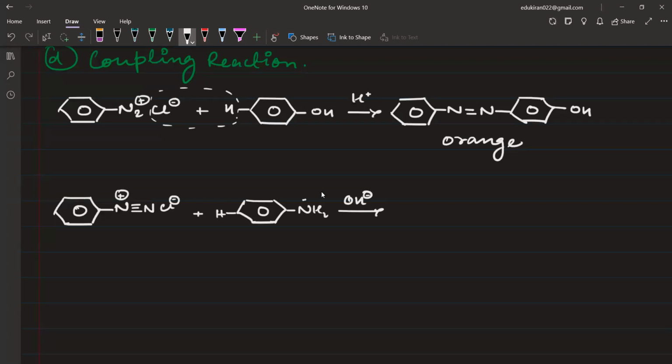Phenol acidic होता है तो acidic condition ताकि वो किसी और से react ना करे. And aniline is basic, so we use this in basic condition, and we get nitrogen with a double bond nitrogen here, single bond, and here we have yellow colored dye. Please write this down.